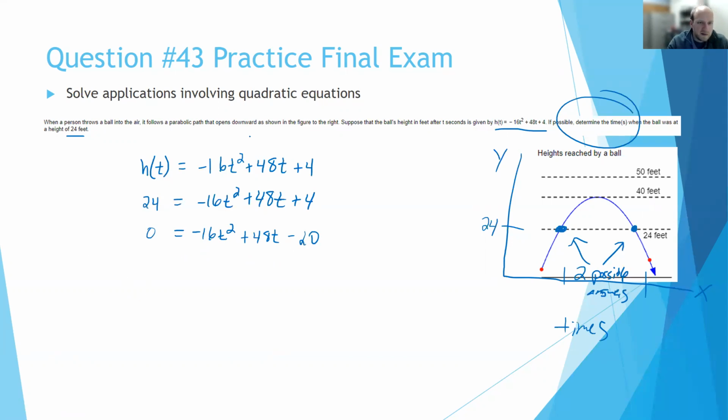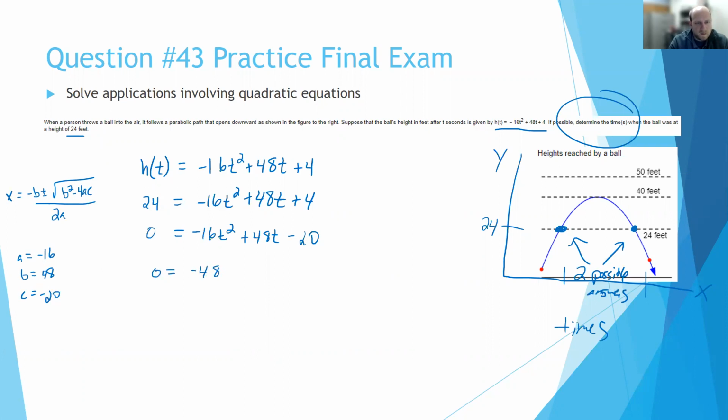Okay, so we remember that the quadratic formula is x is equal to negative b plus or minus the square root of b squared minus 4ac all over 2a. And in this case, my a value is negative 16, my b value is 48, and my c value is negative 20. So let's do that here.